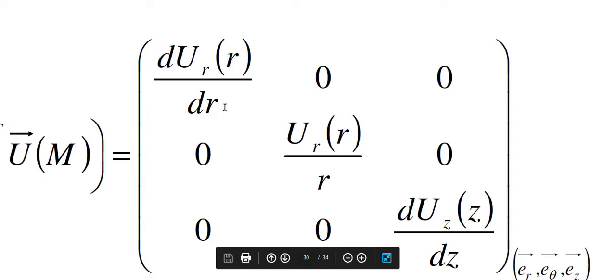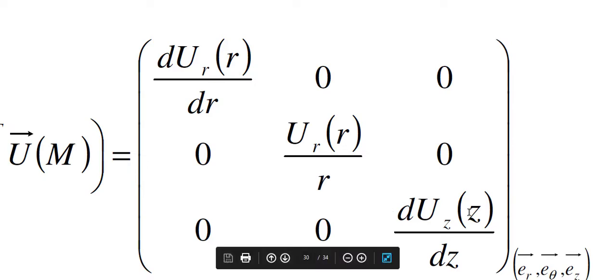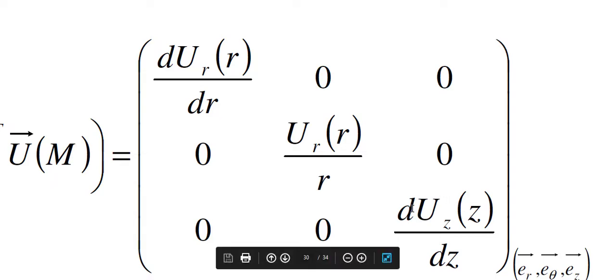The normal strain along the radial direction is given by the variation of the radial displacement with regard to r, and the normal strain along e_theta is given by the radial displacement divided by the radial position r, and the normal strain along the longitudinal direction is given by the variation of the longitudinal displacement u_z with regard to z.